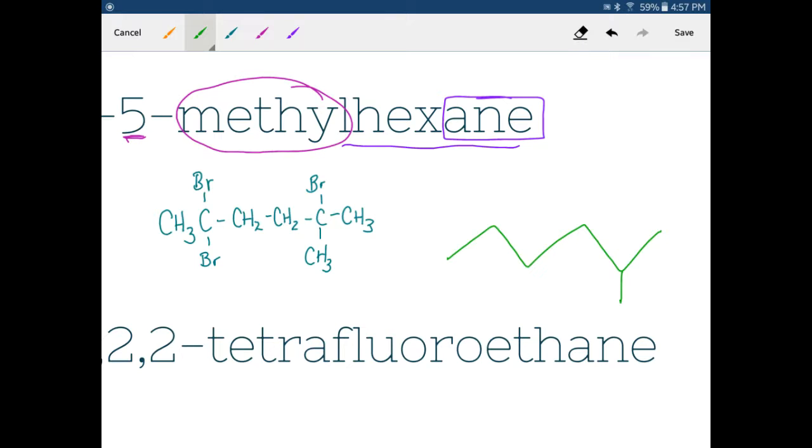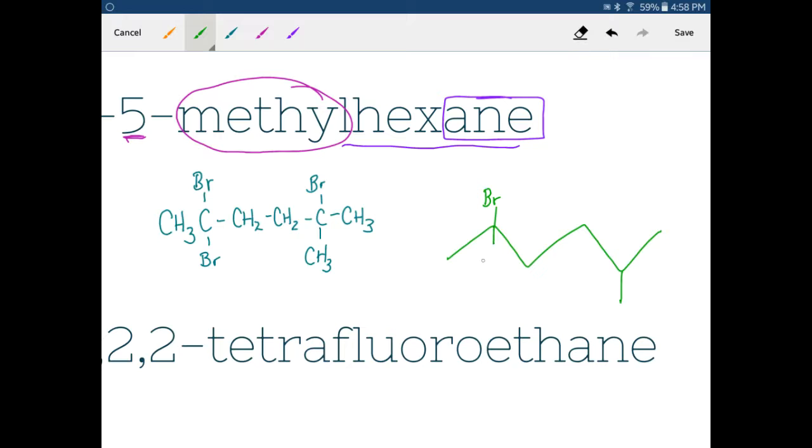Now, the way that I draw out my bromo branches is essentially the same way that I would draw out a methyl branch, except I have to indicate that there is a bromine coming off of it. So it's off of my 2nd, so I have a bromine coming off of my 2nd, and once I write down that there's a Br attached to that, I know that it's not an alkyl group. It's not a carbon-based group.